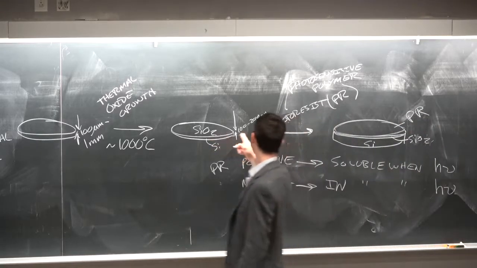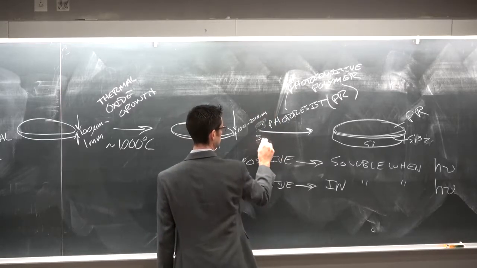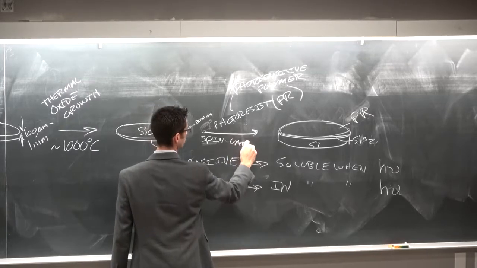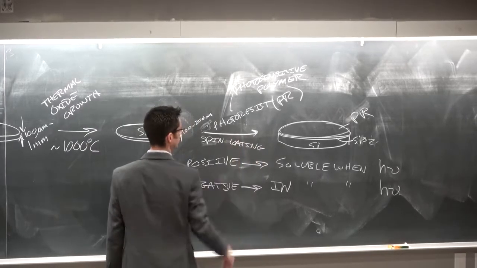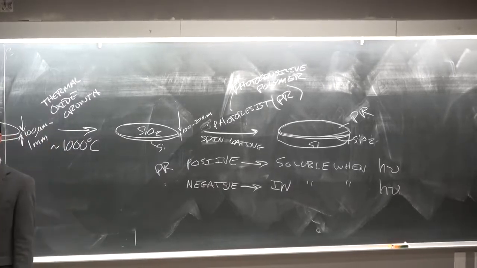This process here is called spin coating. Spin coating is how you apply thin films of polymers.